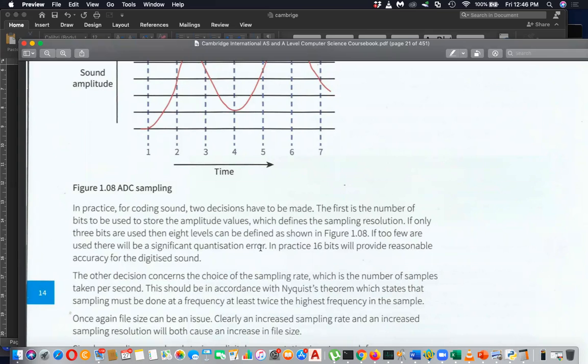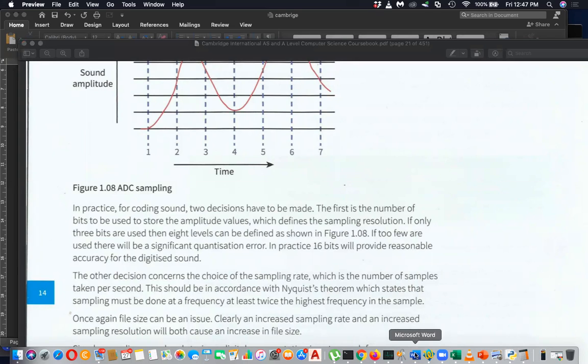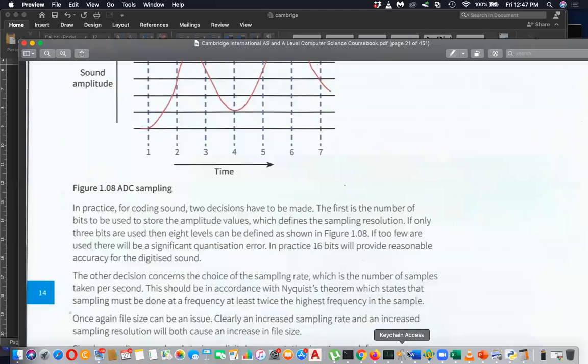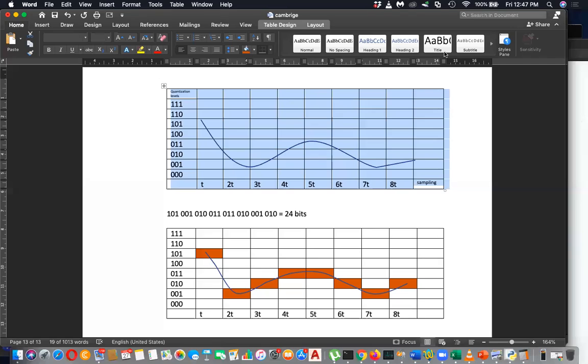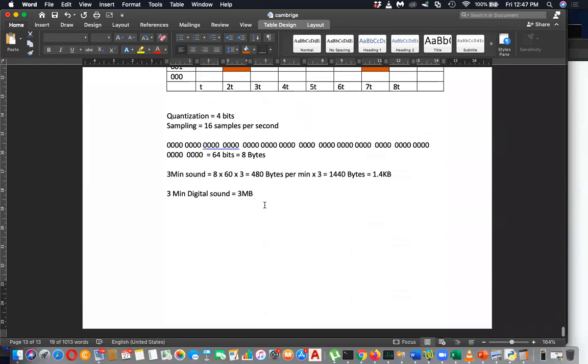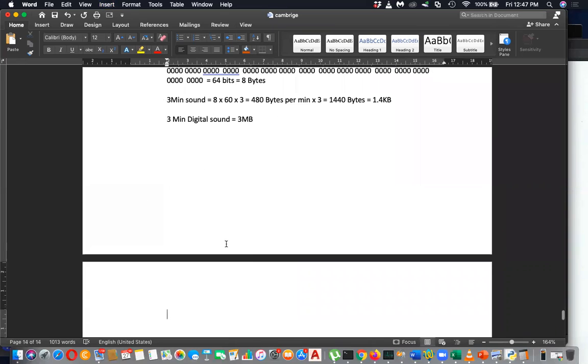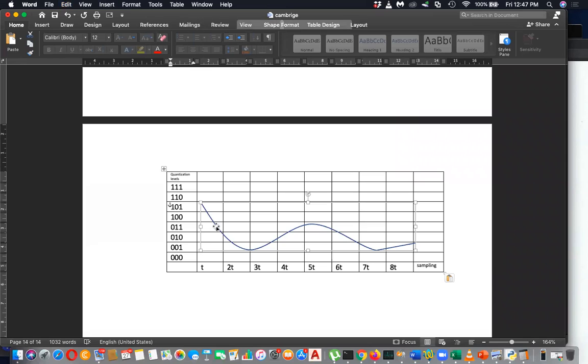Because let's say something like this. Let's go to our sound Word file. I'm going to copy this one and paste it in my new page. Okay, assume that this is my sound.